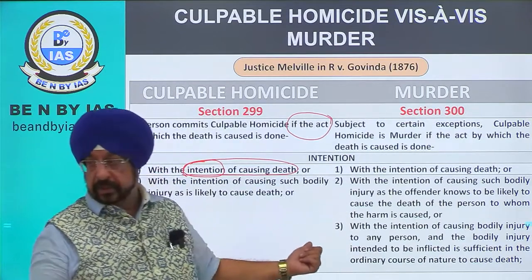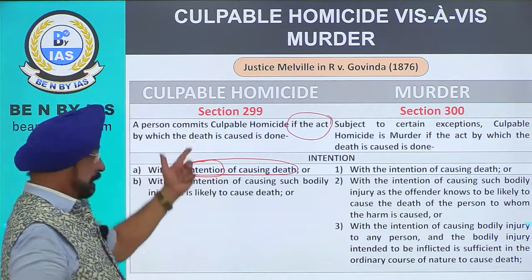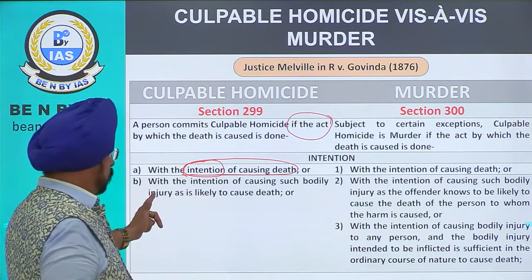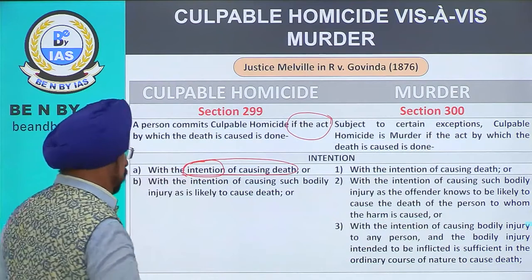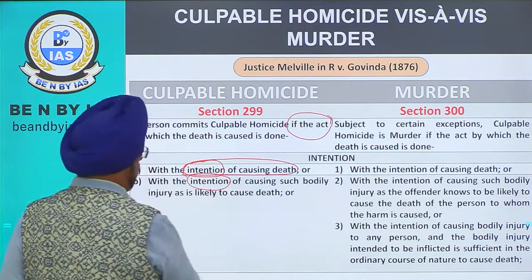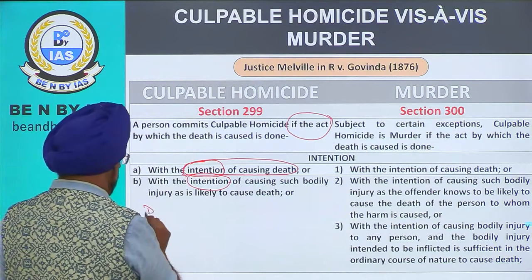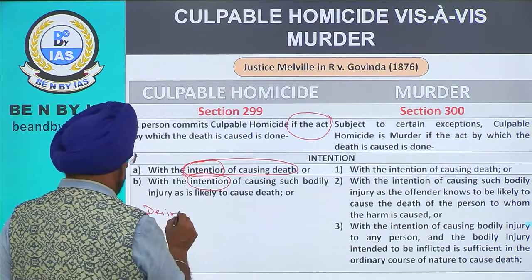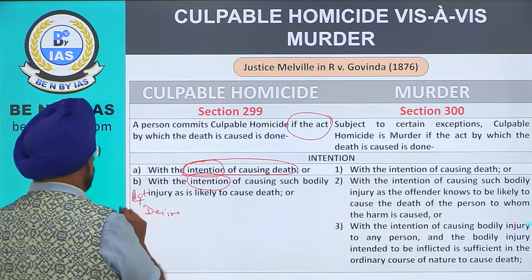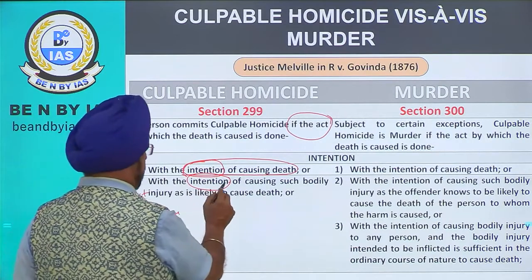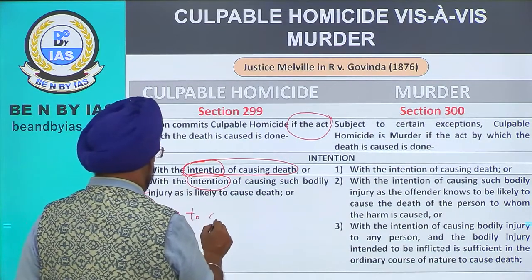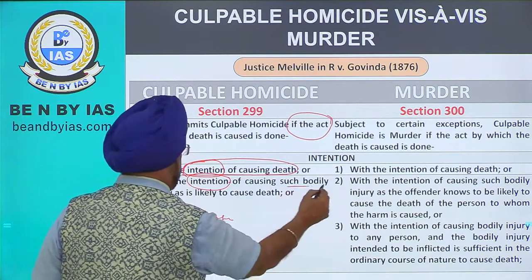So yes, this comes under clause 1. Clause 2, with the intention. So here also, intention is there. Desire. The act is already there, which has caused the death. Act plus what? Desire to cause a bodily injury.